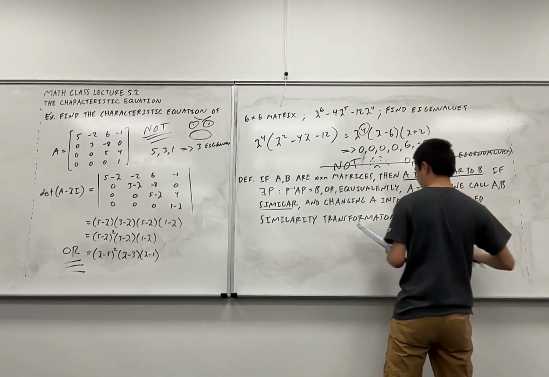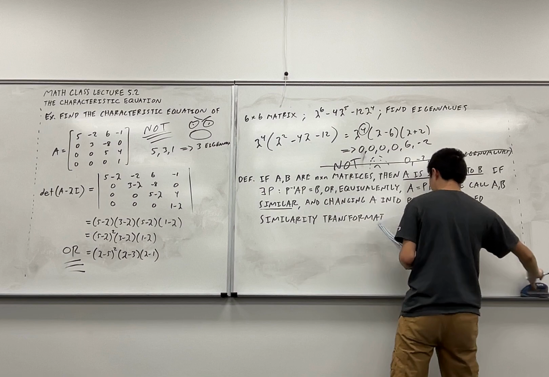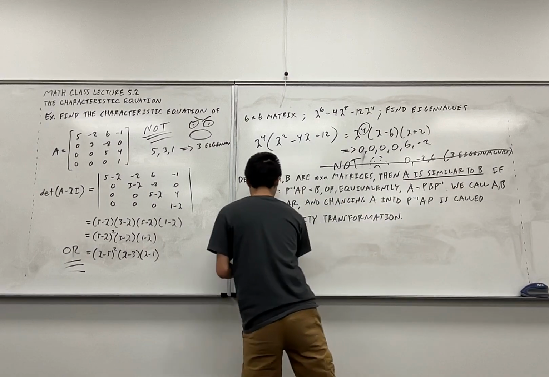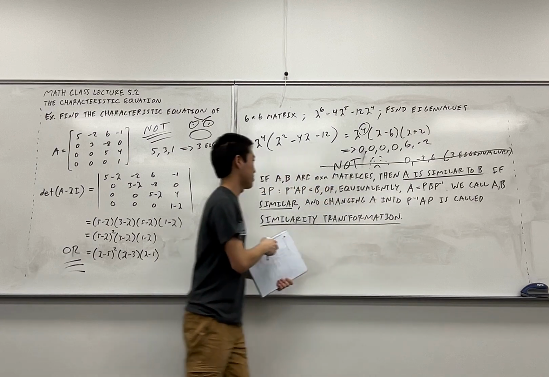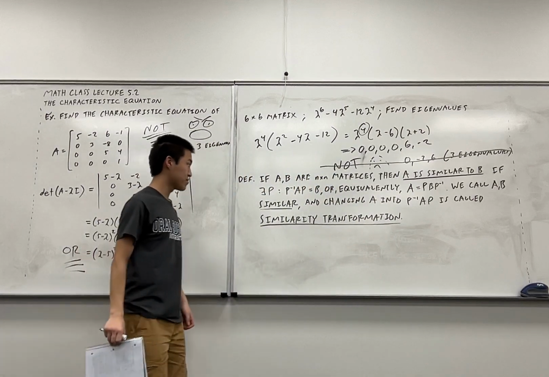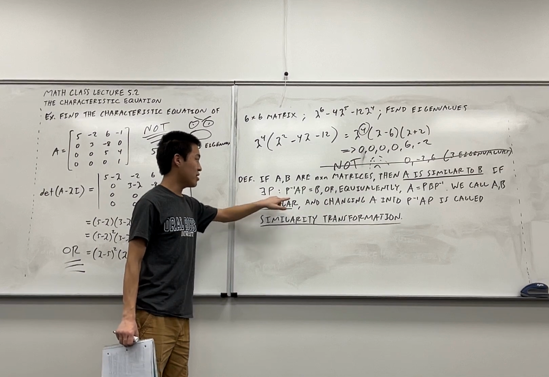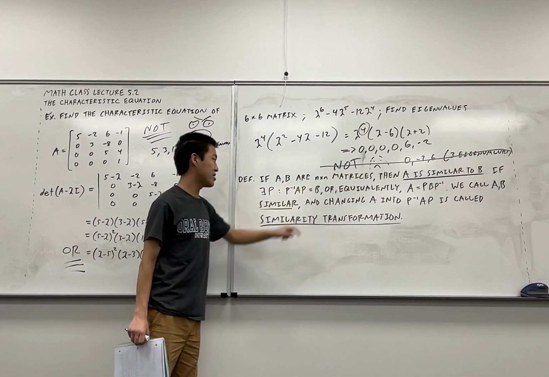If there exists an invertible matrix P such that P inverse A P is B.